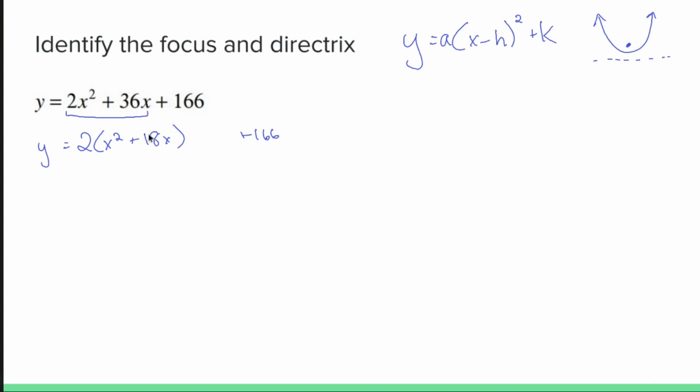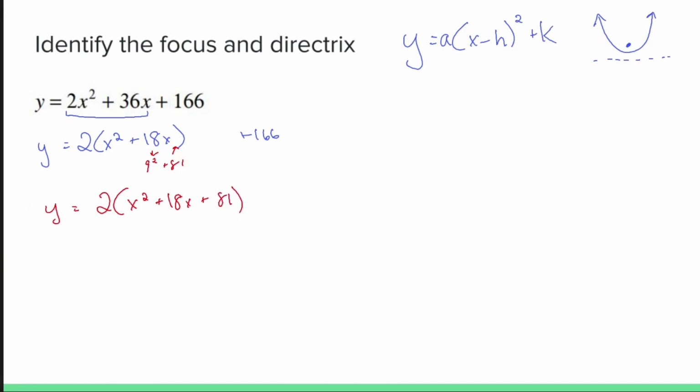This is where it gets weird. We're going to take this guy and complete the square with this parentheses only. So you take half of the number in front of x, 9, square that, 81, and add that in here. Okay, so now we have y equals 2x squared plus 18x plus 81.